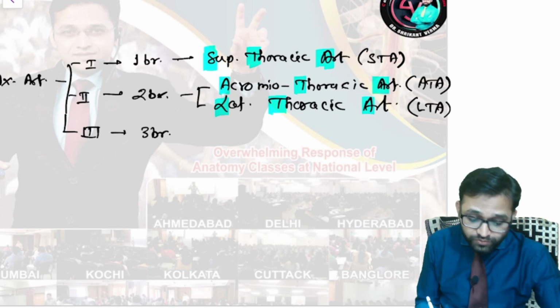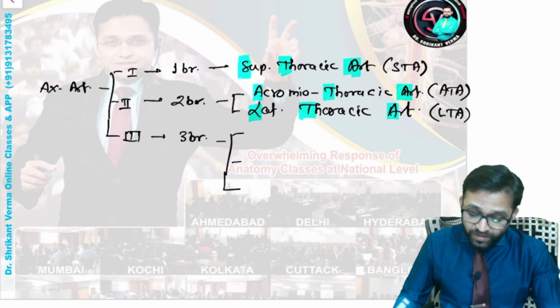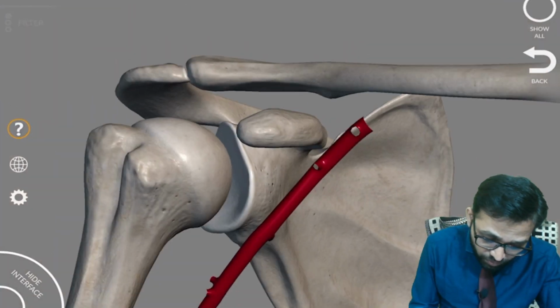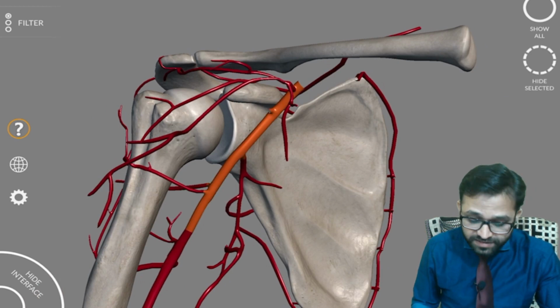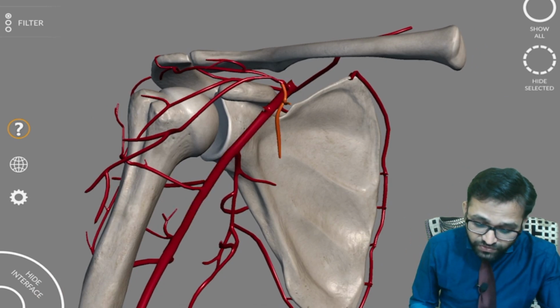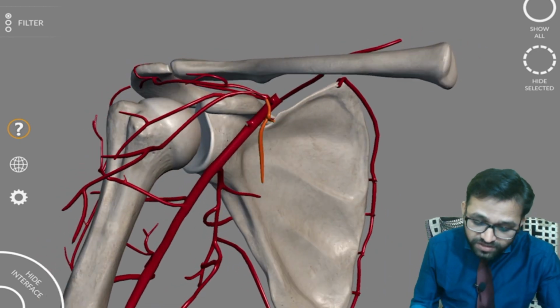Now the third part has three branches. Can you see here in this three-dimensional model? Yes, this is our axillary artery. The branch which runs from the superior side is the superior thoracic artery, not shown in this image.